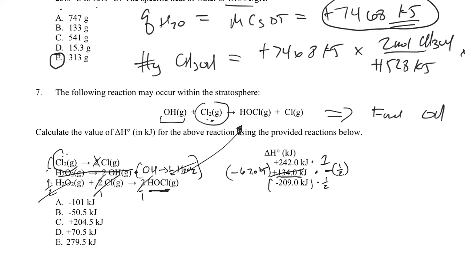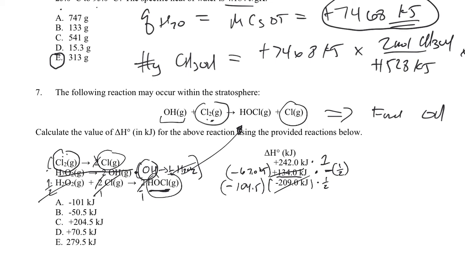I add up Cl2 plus the OH radical goes to the products of Cl plus HOCl. And the only thing I need to do is take 209 negative divided by 2, so minus 104.5 is the delta H for our manipulated reaction for the third reaction.